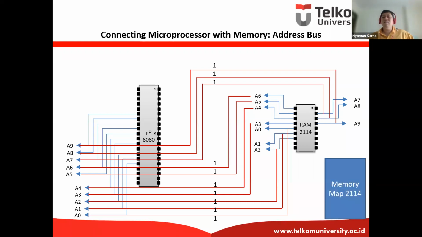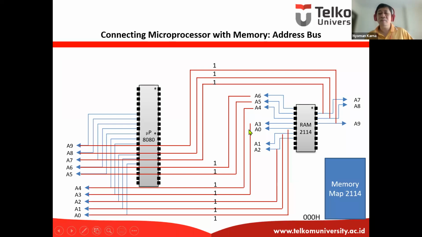So we can explain the content of the RAM using something that we call memory map.